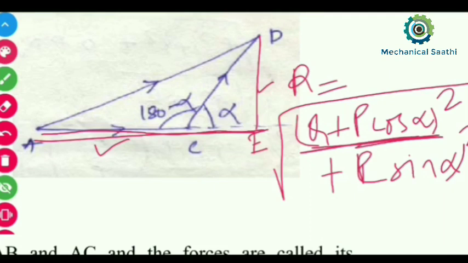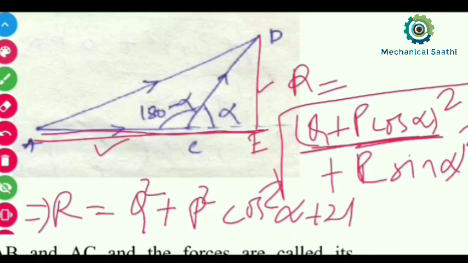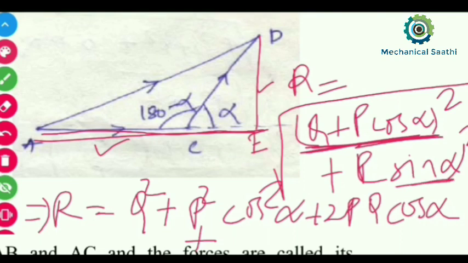So using a plus b whole square, R will be equal to the square root of Q square plus P square cos square alpha plus 2PQ cos alpha, plus P square sin square alpha. Now I can take P square common from P square cos square alpha and P square sin square alpha.